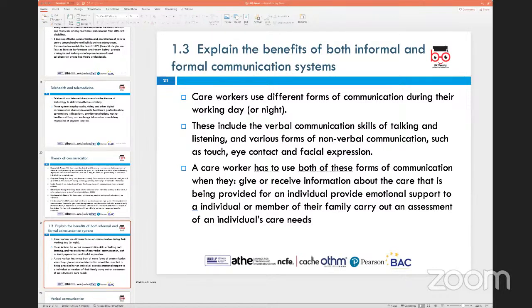Formal types of communication involve the exchange of ideas or information in a more professional setting. That means through a set of prescribed protocols. It follows certain rules, and there are certain language conventions. I might not say hi or hello to you. I might say good afternoon. That would be a form of formal communication.